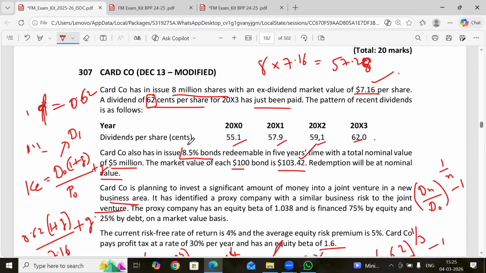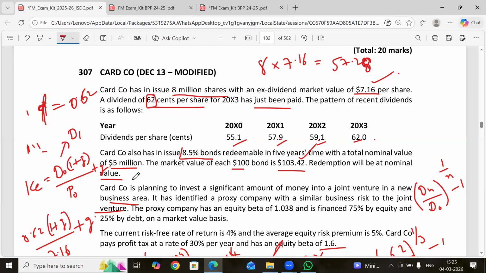So if you take 5 million, 5 million is 50 lakhs, divided by 100. How many bonds will there be? 50,000 bonds into 103.42. This will give you the market value of the entire debt.